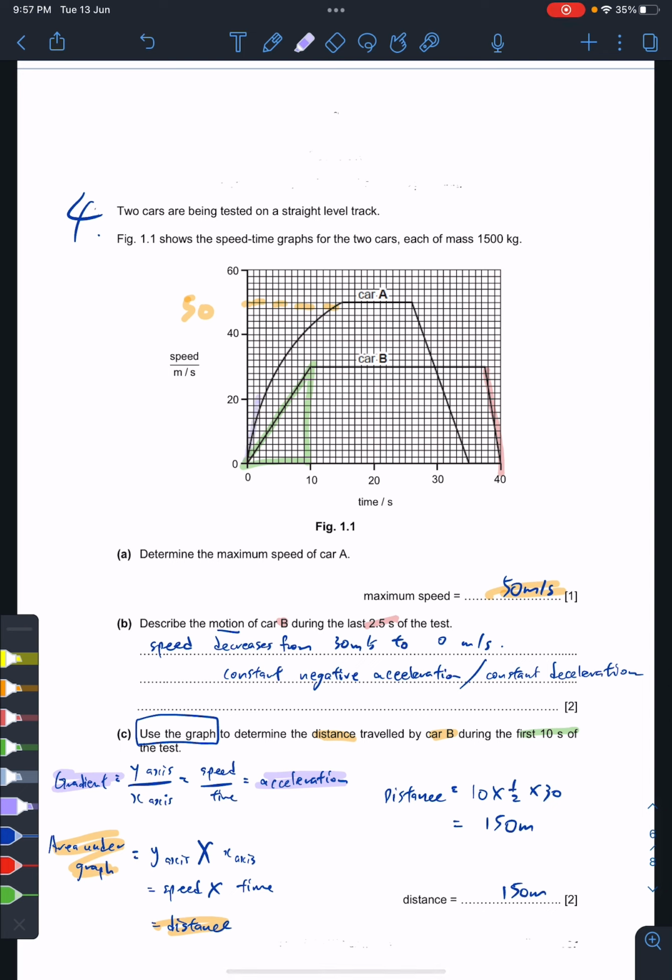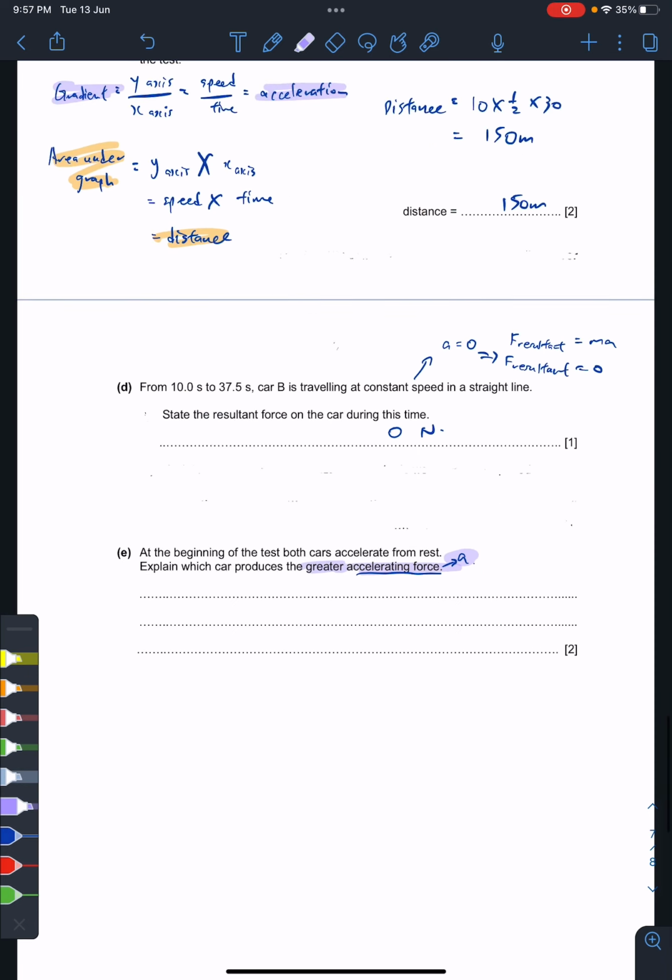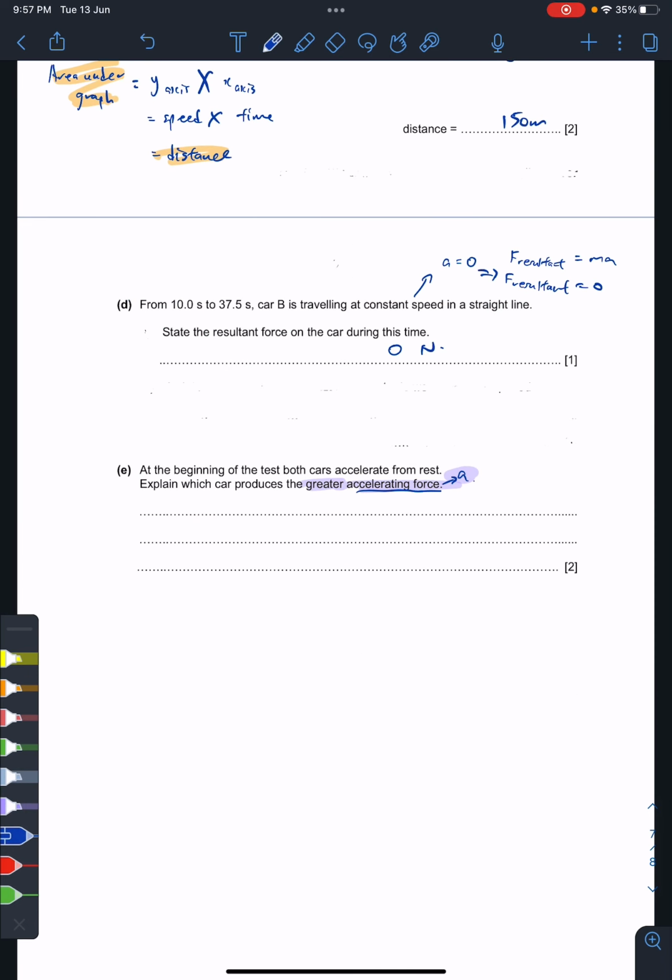A. A has the steeper gradient. You tell them, that's the answer. So car A. Why is that so? Because it has the larger gradient. Of course, don't stop there. What in the world does gradient mean? Gradient in this case is the acceleration. So larger gradient means larger acceleration. Oh, cool.